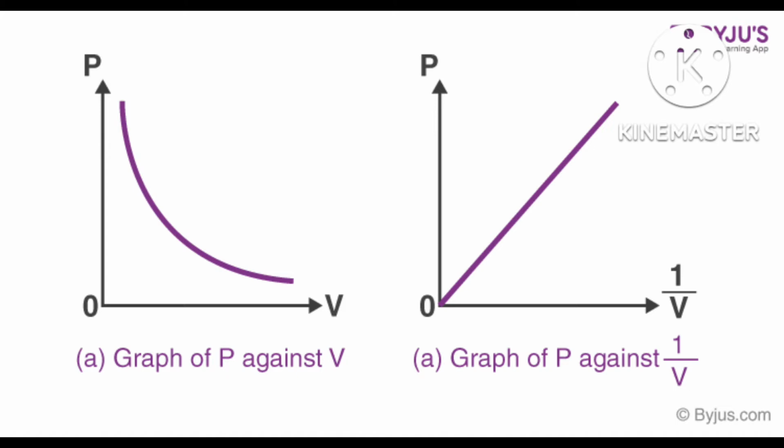A fixed amount means the number of moles of gas is fixed. That is also not changing. Two things are not changing. The number of moles, called small n, is fixed. Temperature is fixed. Then how does pressure relate to volume? He concluded that the pressure of a fixed amount of gas varies inversely with its volume.